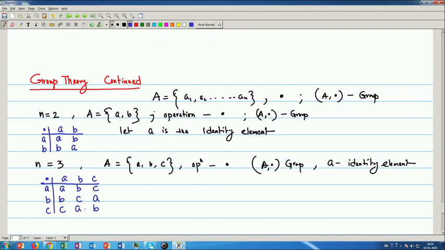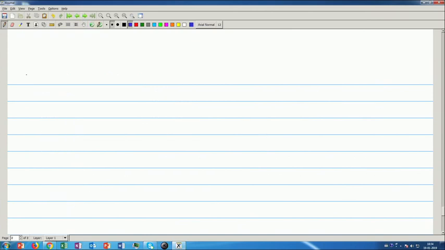Okay. Now, we read one example of group.